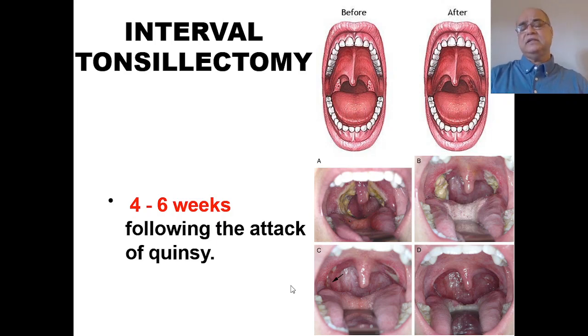One criterion is that if the patient is having a single attack of quinsy, and there is no previous history of recurrent sore throat or recurrent tonsillitis, that patient should not be subjected to tonsillectomy. Rather, that patient should remain under observation. But if a patient is having quinsy and there is a previous history of recurrent tonsillitis, then that patient should be subjected to interval tonsillectomy after 4 weeks.